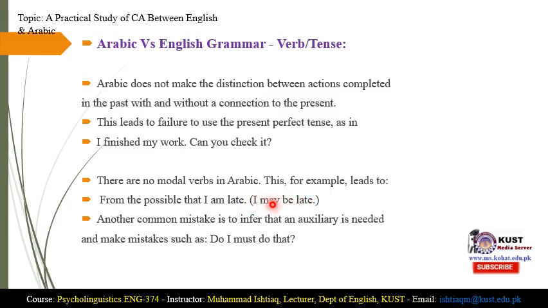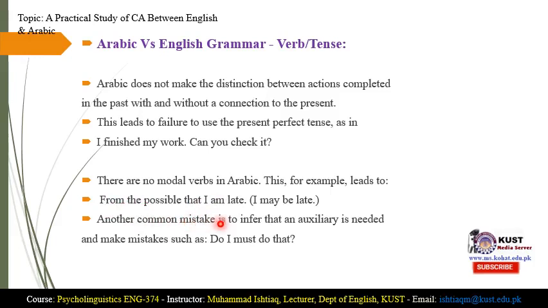The word "may" is a modal verb showing possibility, but since Arabic hasn't got any modal verb showing possibility, they use the word "possible" itself. So instead of using the appropriate English structure with the modal verb "may," an Arabic speaker of English would say "it is possible that I'm late."